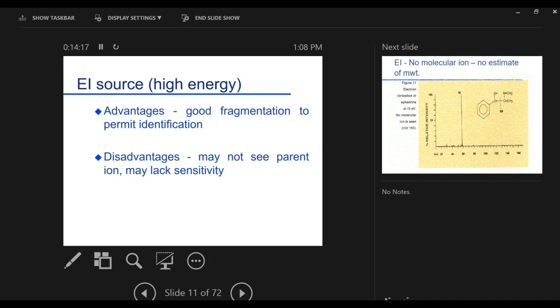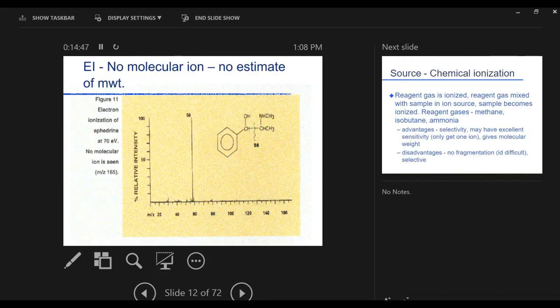The reason sensitivity matters is you're measuring ions, the total ions eluting out of a gas chromatograph at that time. If there aren't many fragments, you don't get many ions, and your machine just goes along and doesn't give you a nice peak, which you'd like to see on your trace. So if you can blow them into pieces, you've got better sensitivity. If you don't, you potentially lack sensitivity.